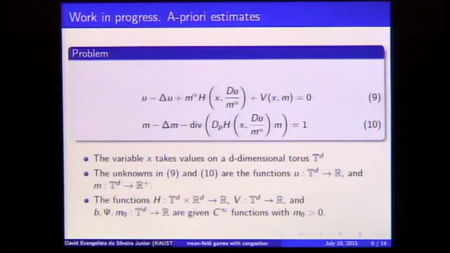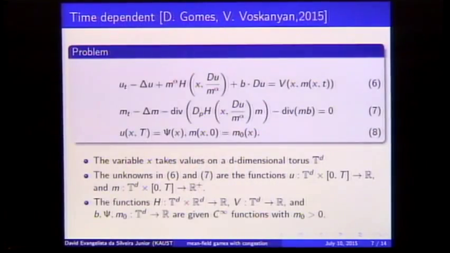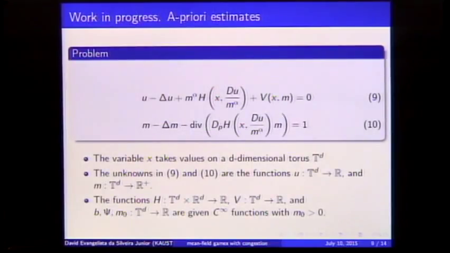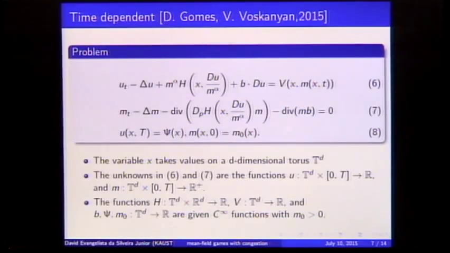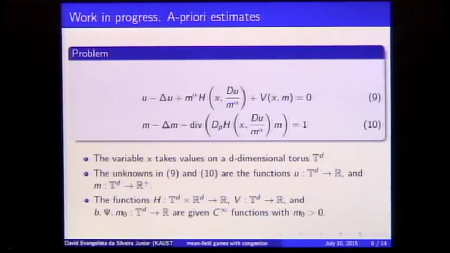So the problem that we are developing at this moment, as we started a couple of months ago, is almost the same, but we have some difference because we must avoid the zero solution in this equation. Otherwise we will blow up the first equation, and we arrived at a couple of a priori estimates for this problem.